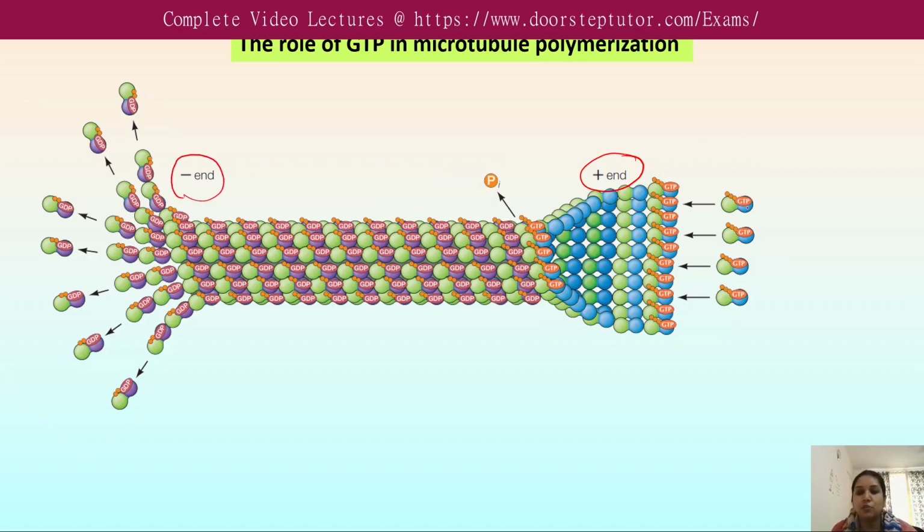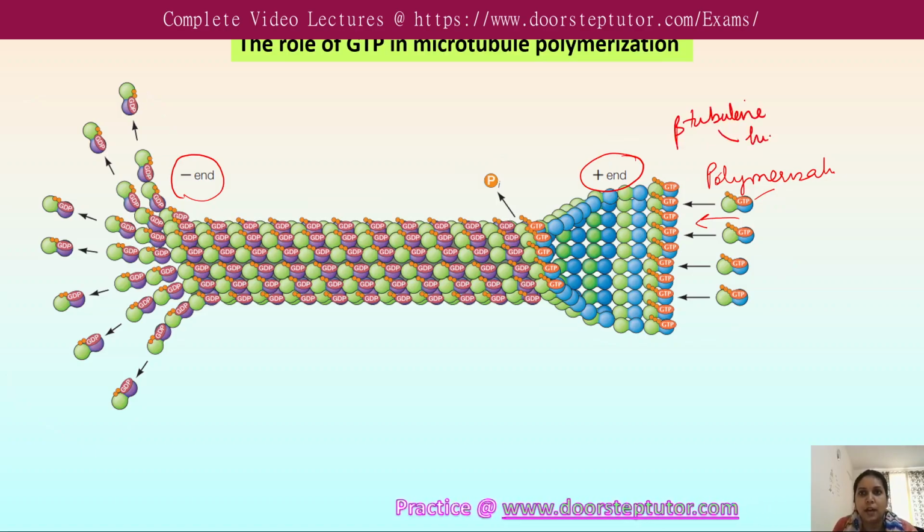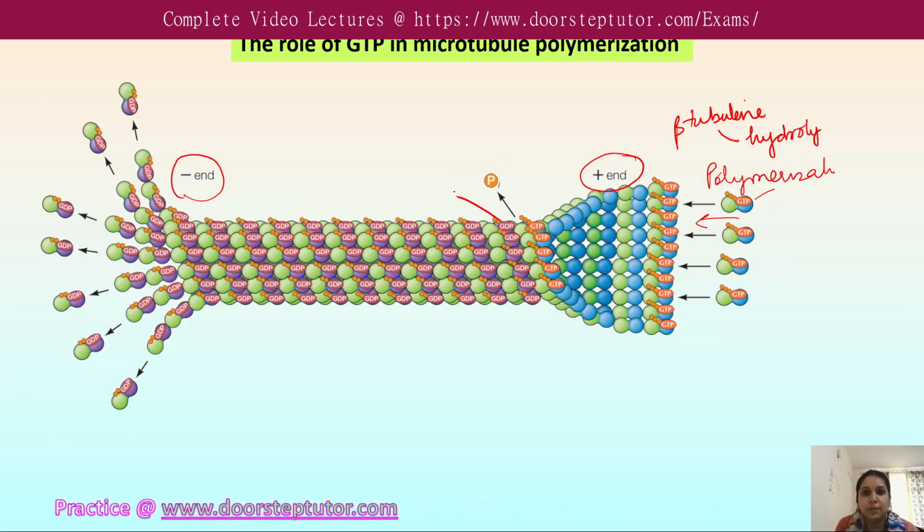Now, what happens as soon as the dimers, which are attached to the GTP molecules, are added and undergo the polymerization process? After the polymerization, the GTP molecule attached to the beta tubulin undergoes hydrolysis. And after the hydrolysis, the GDP molecule is formed, that is, from the GTP the GDP molecule is formed.